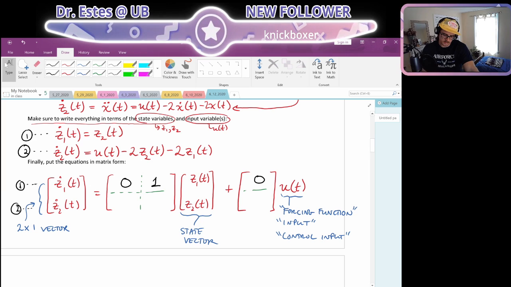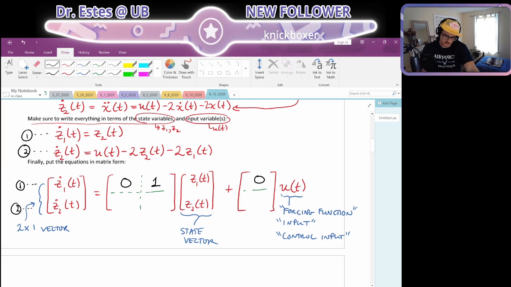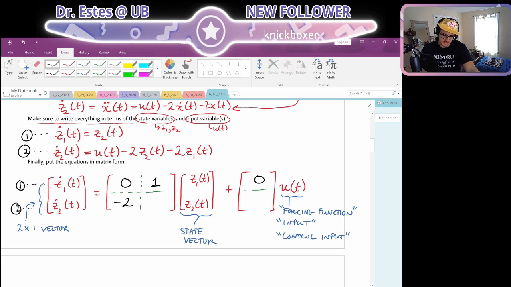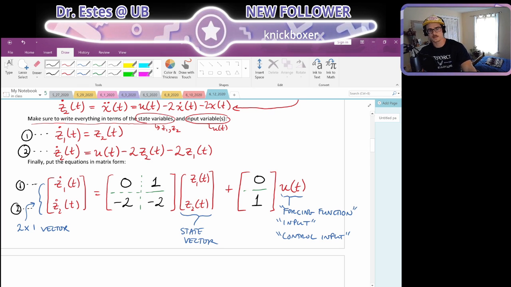Z2 dot, if I'm looking at this equation, let's start from left to right. It's minus 2 times Z1 minus 2 times Z2 plus 1 times U of T.